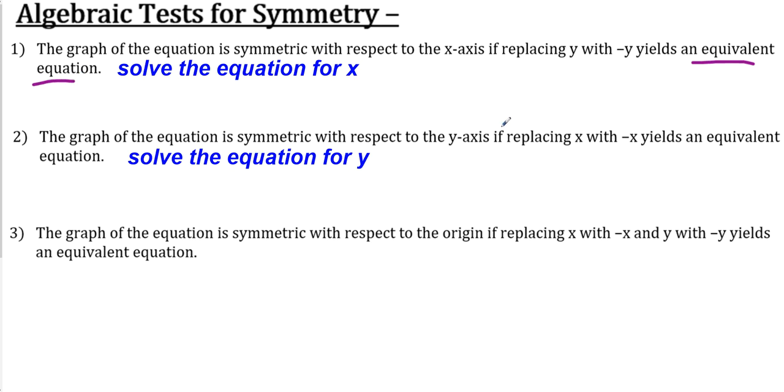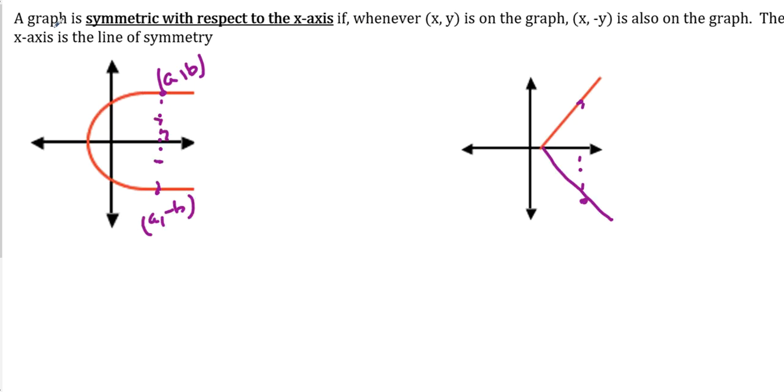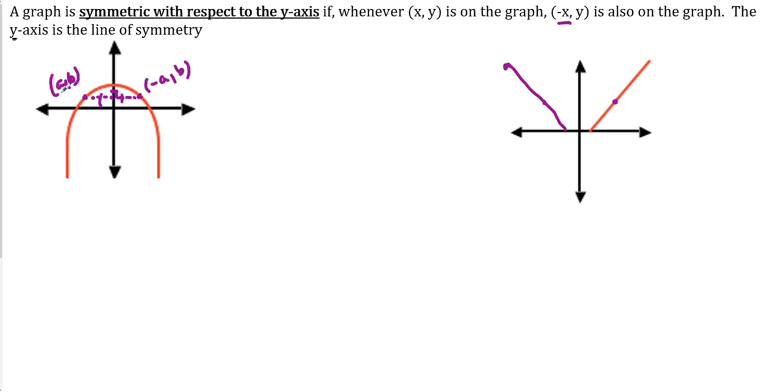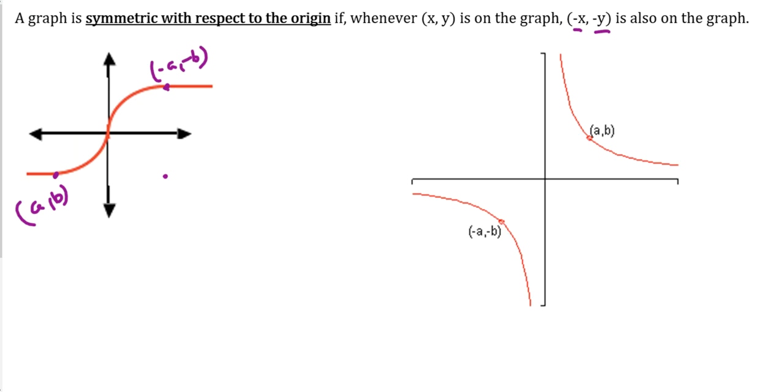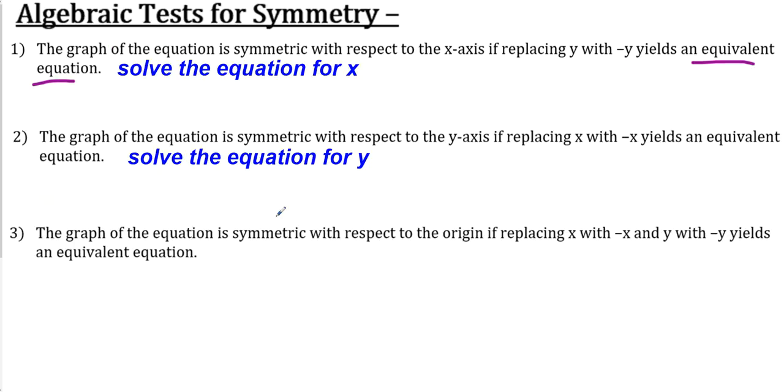Now, across the y-axis, we basically replaced the y with a negative y. And here, for the y-axis, we replaced the x with a negative x. And here we replace the x and y with negative x and negative y. That's all we're doing here, and we're going to see if we get equivalent equations. All of these need to be equivalent.